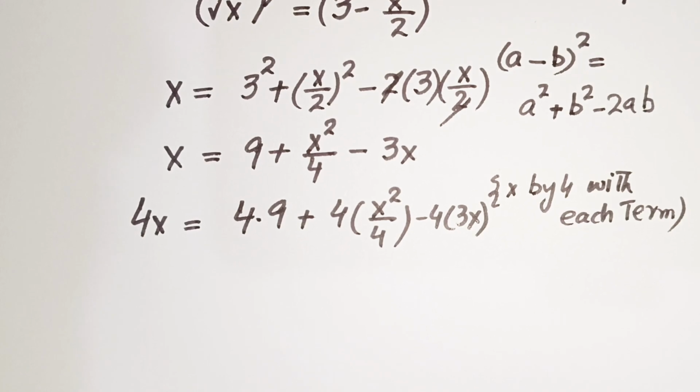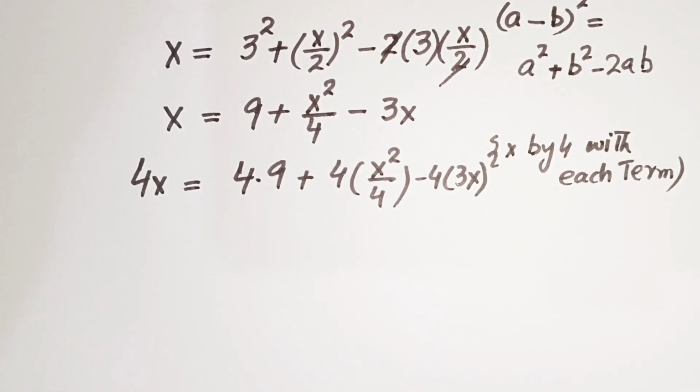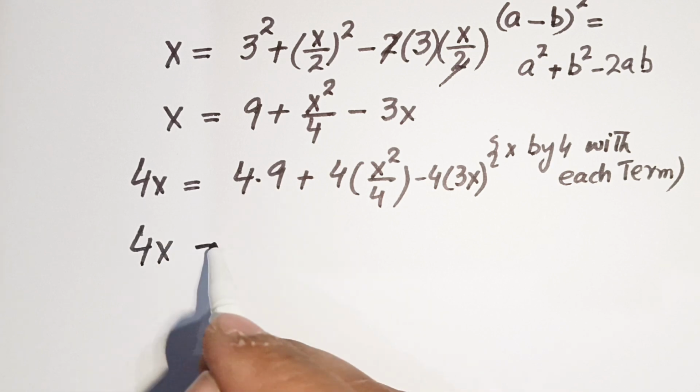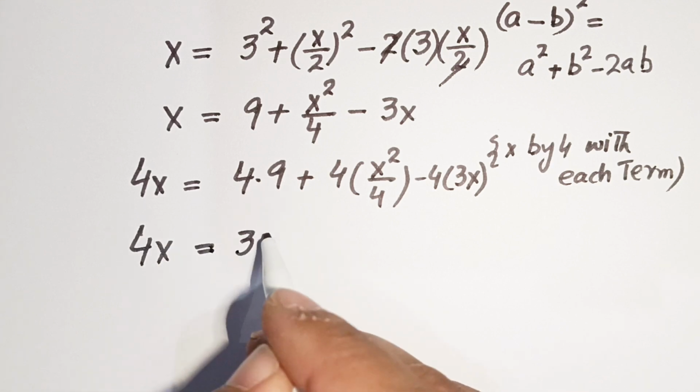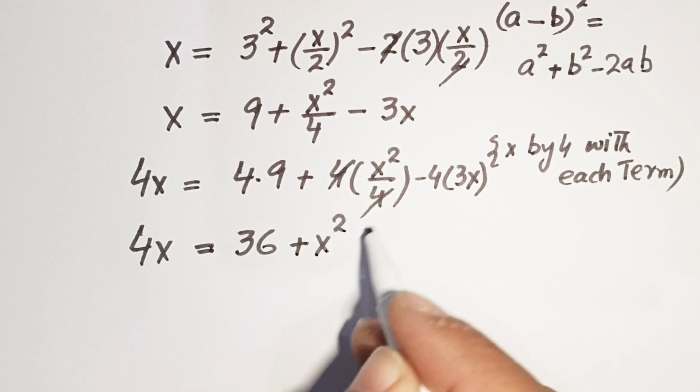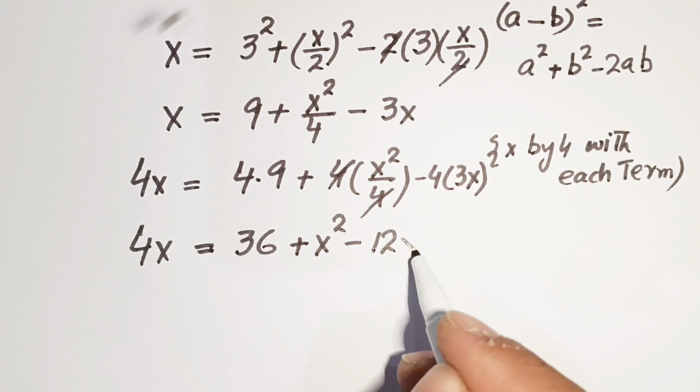We have just multiplied 4 on both sides. Now it will be 4 times x, and 4 times 9 is 36. Cancelling 4 with 4, we get plus x squared, and here we get minus 12x.